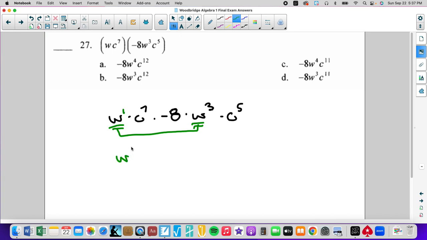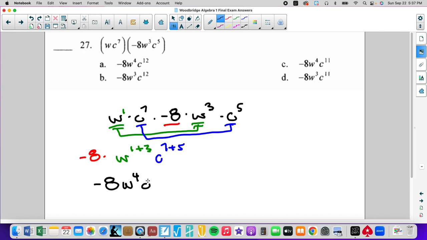So we have W to the 1 plus 3. And we have like bases here, so we're going to add their exponents. And then this is a coefficient, and that coefficient's just going to sit out front. So my answer is going to be -8 W to the 4th, C to the 12th.